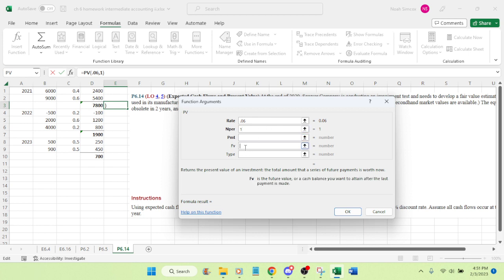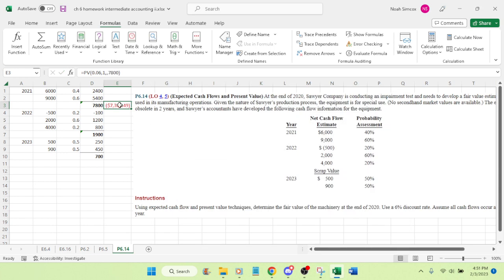And the future value is the 7,800. Right? That doesn't make any sense. The present. I'm an idiot.